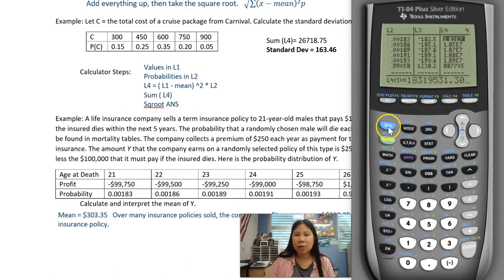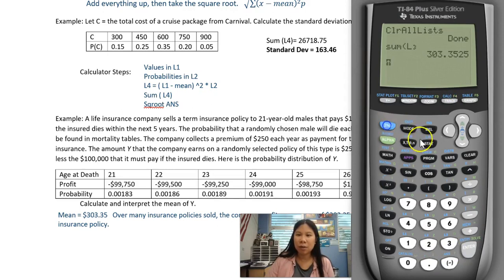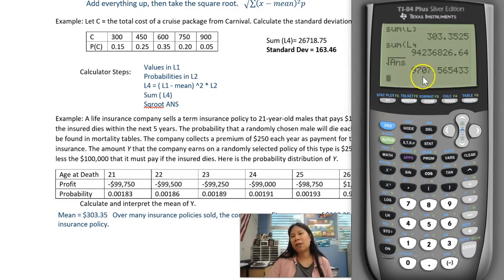Now we're going to sum everything up in L4. So second mode, second stat, sum L4, some giant number. We square root this in order to get our standard deviation. Comes out to be $9,707.57 if we round to 2 decimal places.